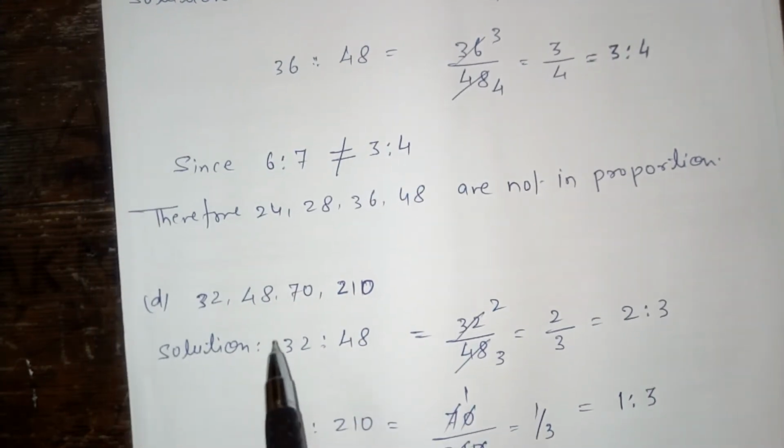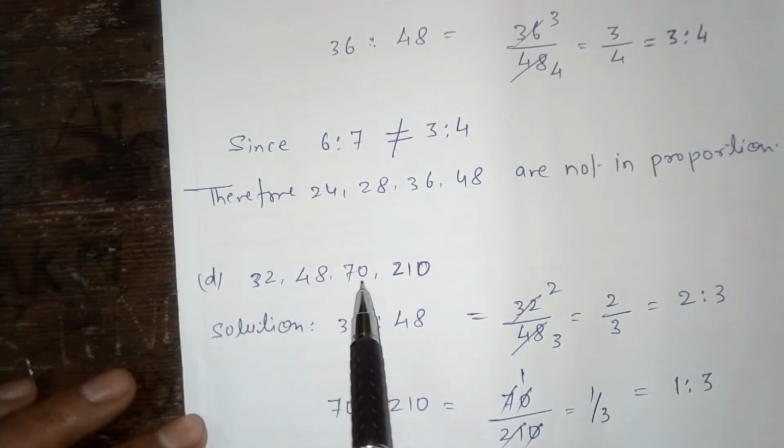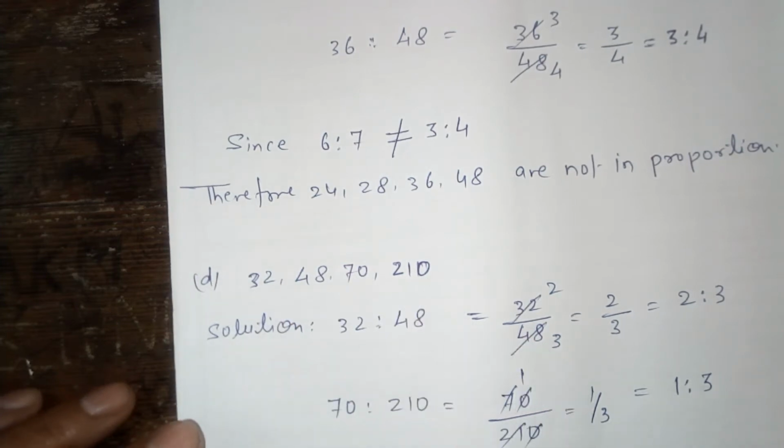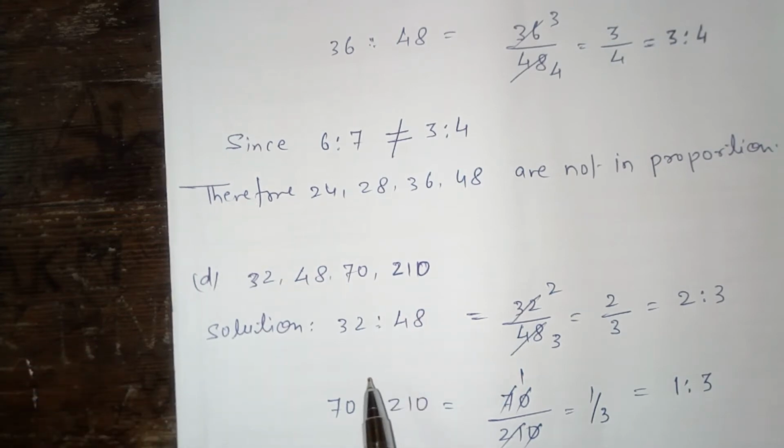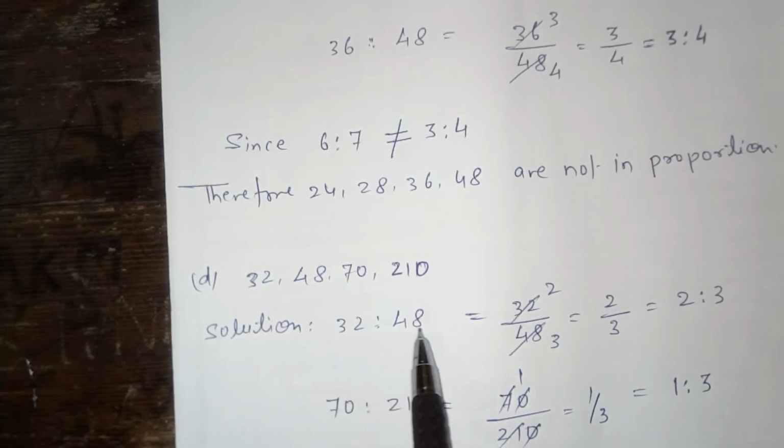Now you have one more question. There are four numbers 32, 48, 70 and 210. For this question we will apply the same procedure. First we find out the ratio of first and second number, that is 32 and 48.